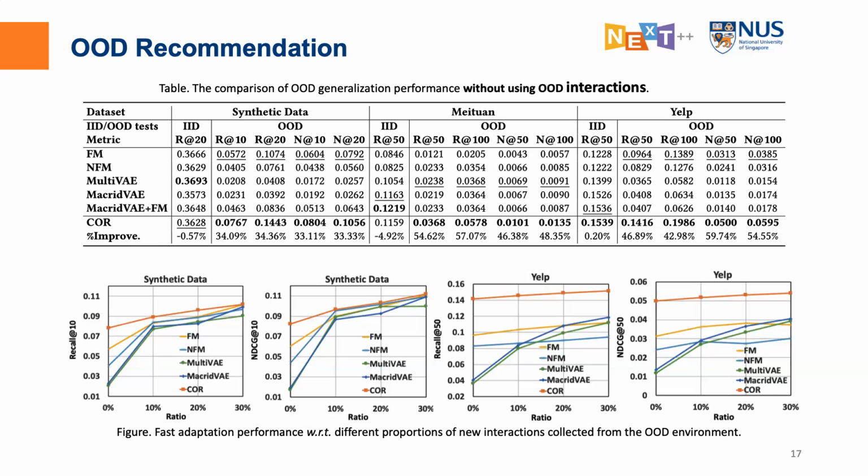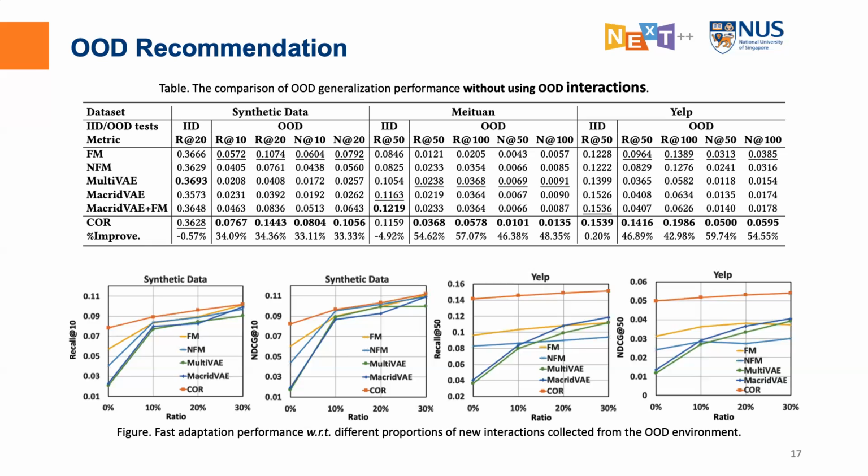Yeah, I have a question. I'm sorry, I didn't understand what you mean by IID or OOD. ID means that if the interaction distribution is similar to the training distribution, it's called IID, identical independent distribution, right? If the interaction distribution is quite different from the training distribution, we call it the OOD environment. For this synthetic data, we just change the user features, and the user preference and interactions will change accordingly.